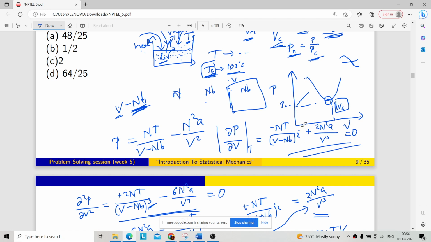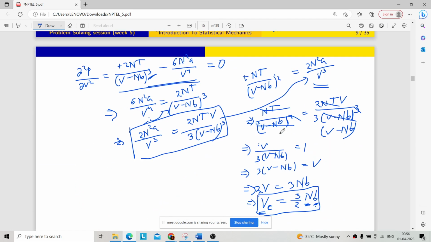Then I'll get a term in terms of T, because there is no P dependency here. If I put the V value here, I'll get this temperature in terms of some constants. So let's put this V value here.